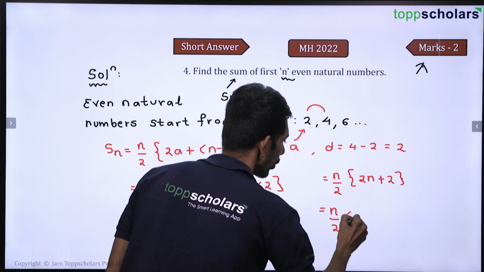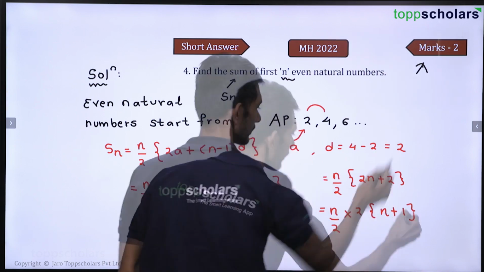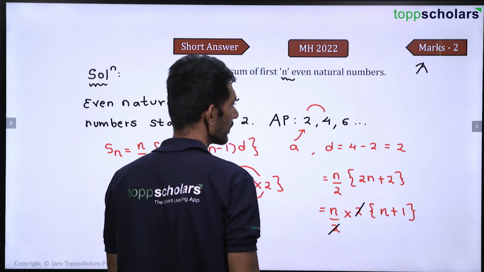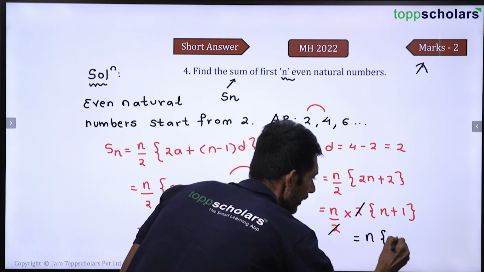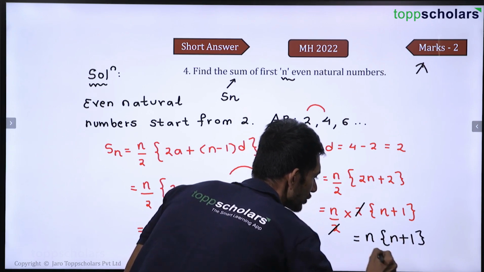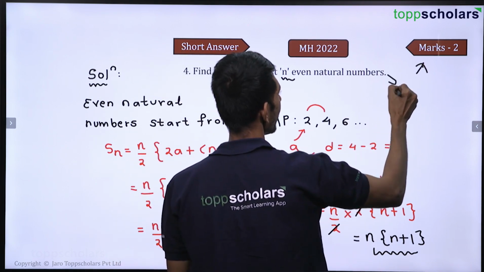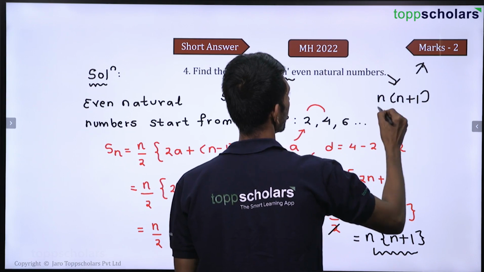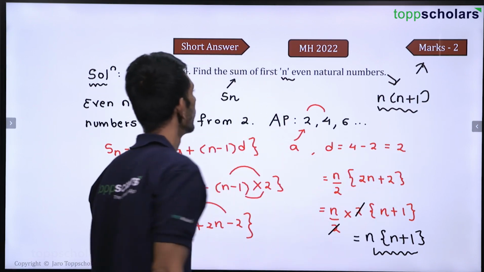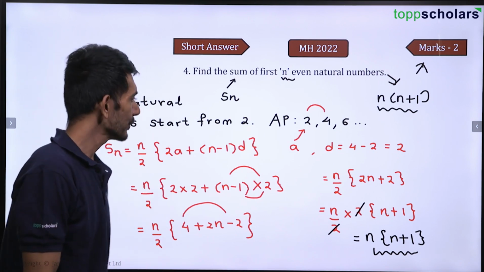You can take 2 common, and inside the bracket, you get n plus 1. Can I cancel 2? So finally I get this is equal to n multiplied by n plus 1. And we can stop here. We can say that the sum of the first n even natural numbers is n multiplied by n plus 1. I hope you are getting this. Alright, let's continue.